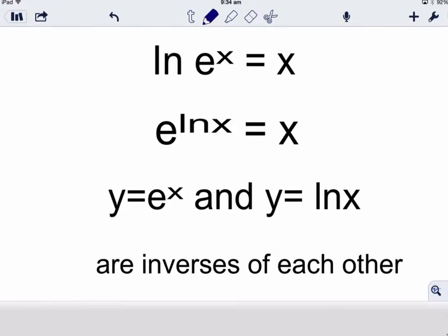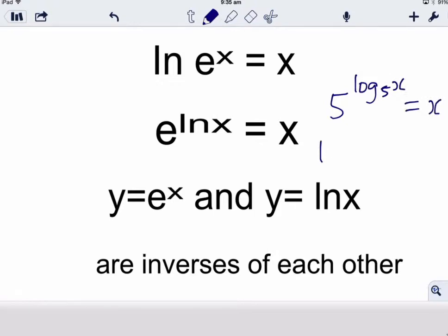Because they're inverses of each other, these things work. If you undo e to the x by putting an ln in front of it, you get back the original x. If you go e to the power of ln x, e and ln undo each other, you get back to x. The equivalent for base 5 would be 5 to the power of log base 5 of x is x.